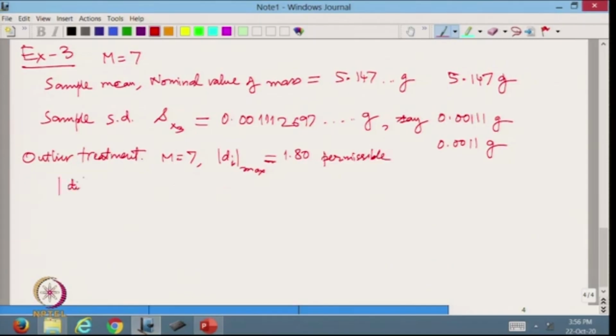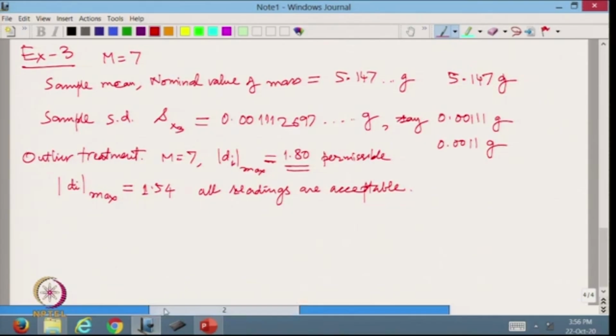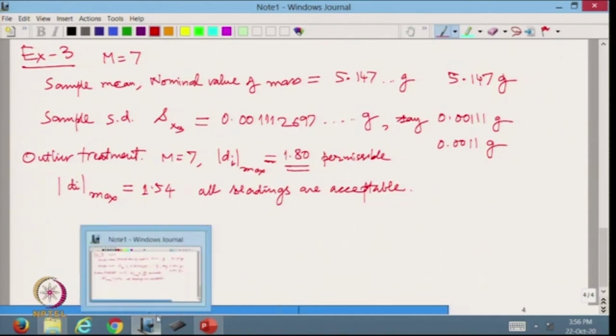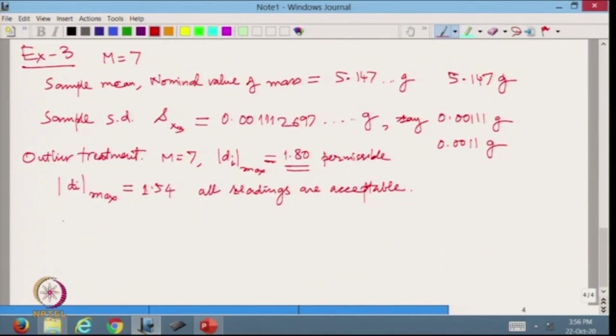In our case, di max as measured is 1.54. We are well within this limit, so all readings are acceptable. So, we proceed further. We do not need to do any more other calculation.